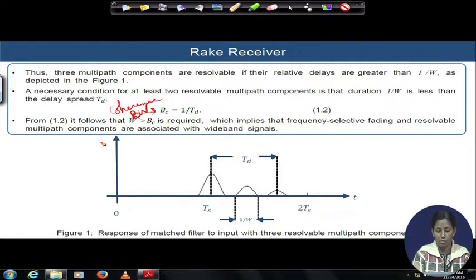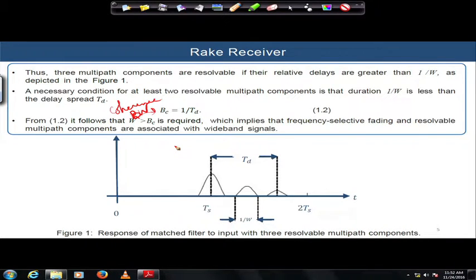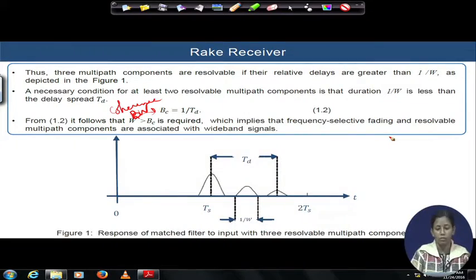If it is a frequency selective situation, the signal bandwidth will definitely be more than the coherence bandwidth, and the number of resolvable multipath components and all these phenomena are associated with frequency selective fading as well as with wide bandwidth signals.